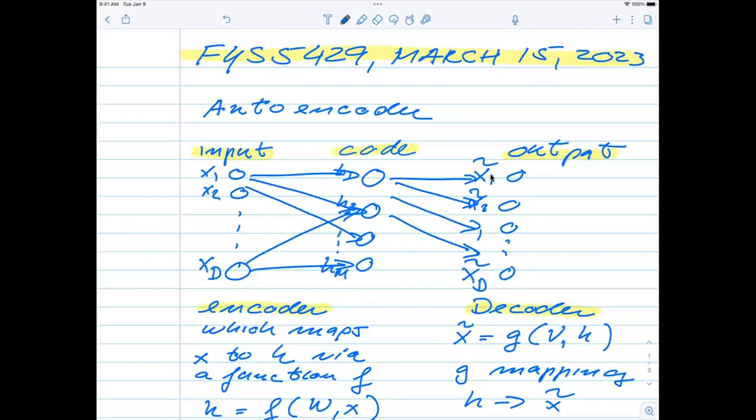So I wanted to say a little bit more about autoencoders. When you look at this figure, which I put up before the break, if the autoencoder succeeds in simply learning this function g so that x tilde is exactly equal to x, this is not very useful, right?